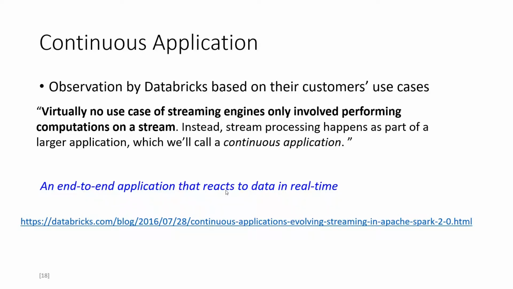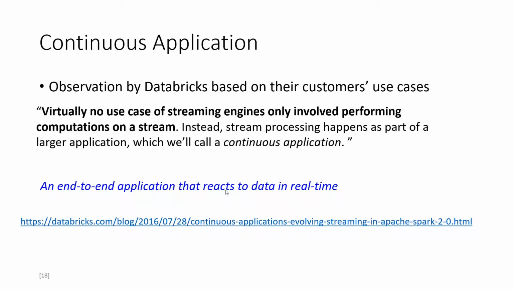Spark Streaming is built on top of the concept of continuous application. Here continuous application means an application that reacts to data in real time, but it is an end-to-end application. It's not just processing or applying some operation to streaming data, but implementing a complete application that supports many other requirements.